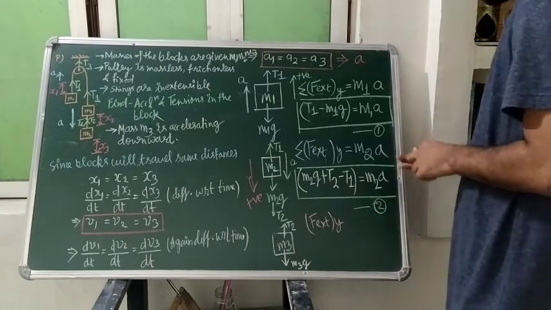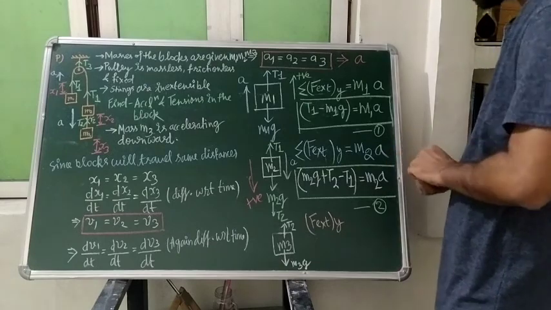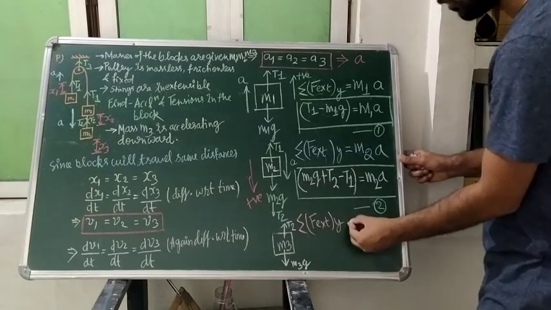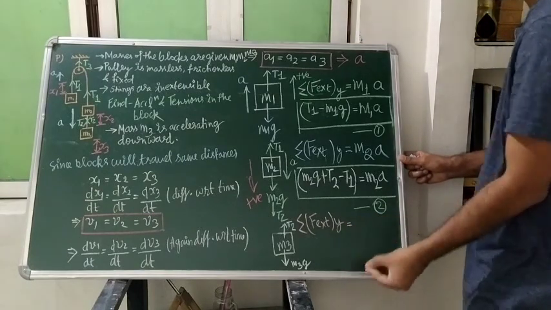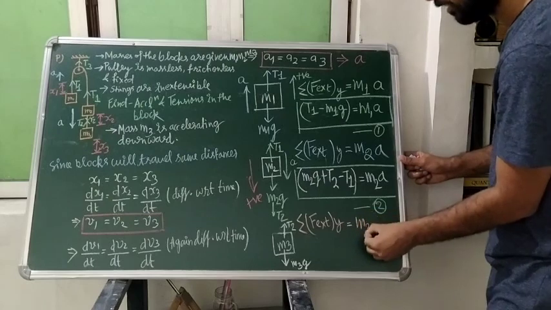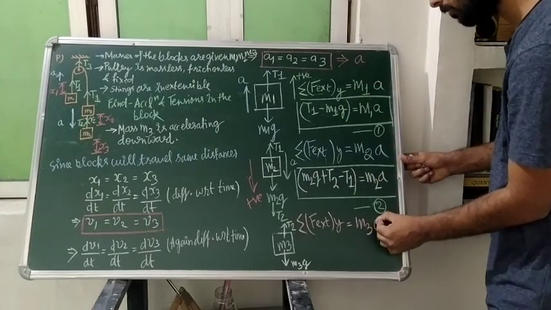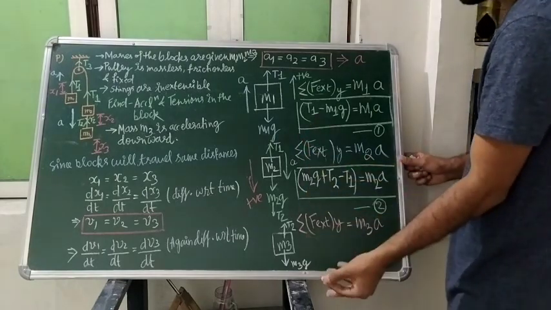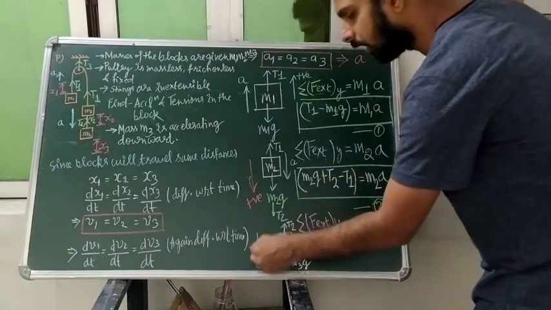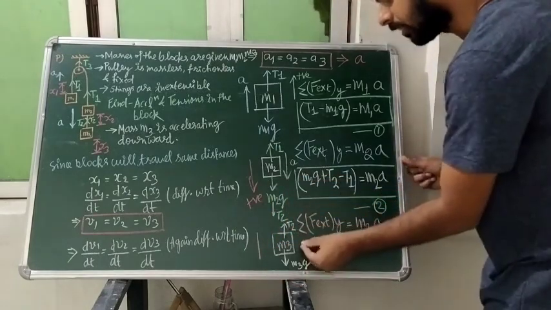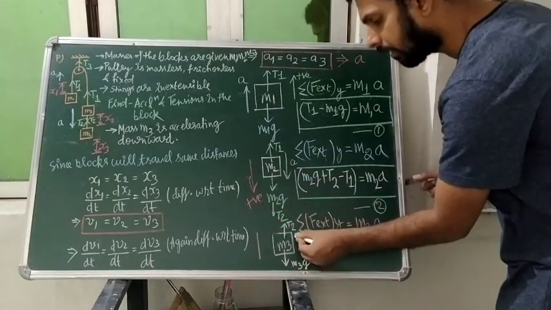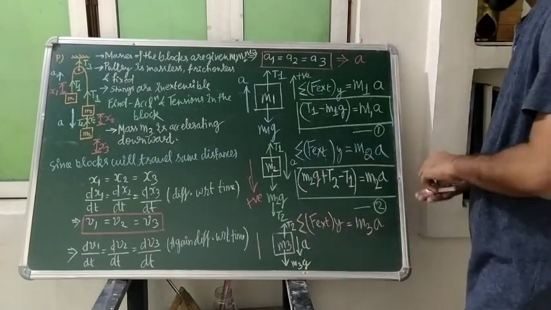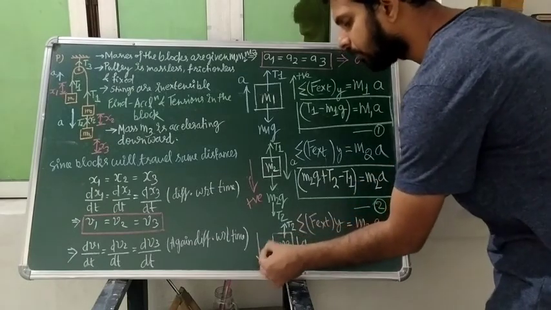So the mass is m3, and the acceleration is the same, a. What are the external forces acting here? Suppose we say the downward direction is positive, or you can take any direction. Also, student, our acceleration is in the downward direction, which is a, and downside we are taking as positive.